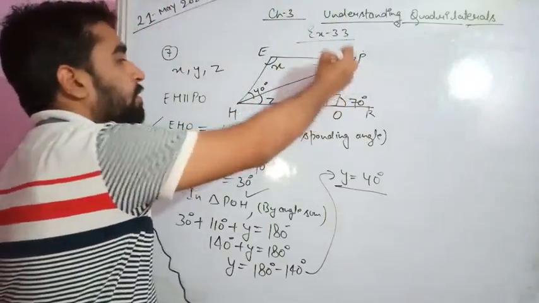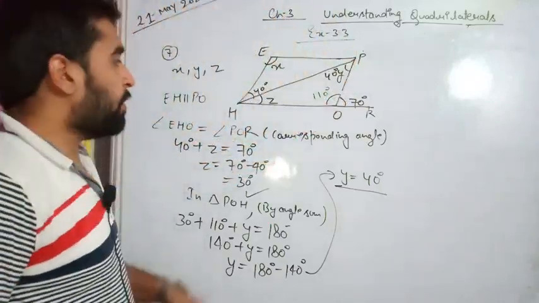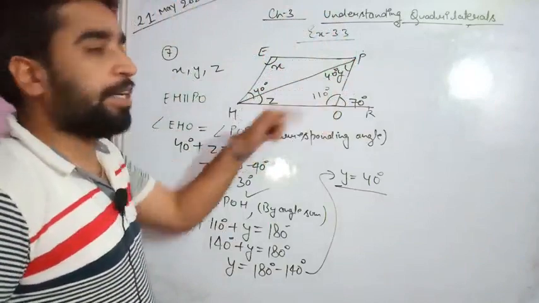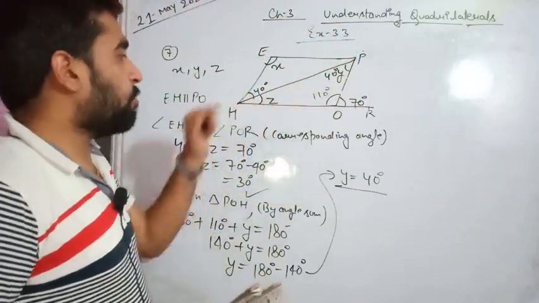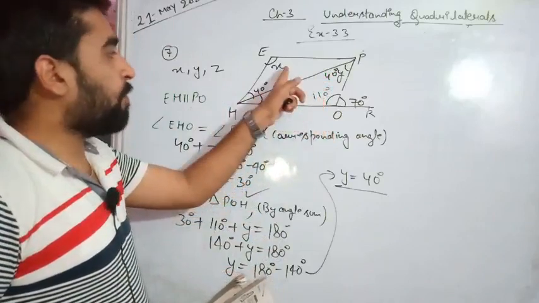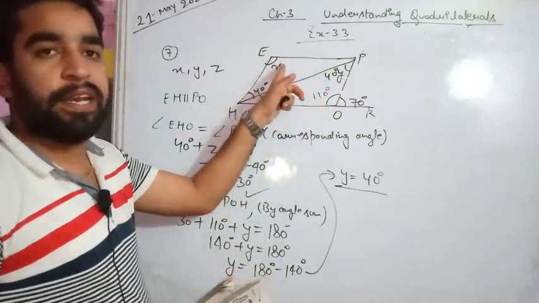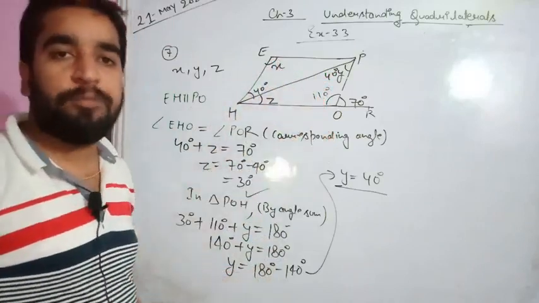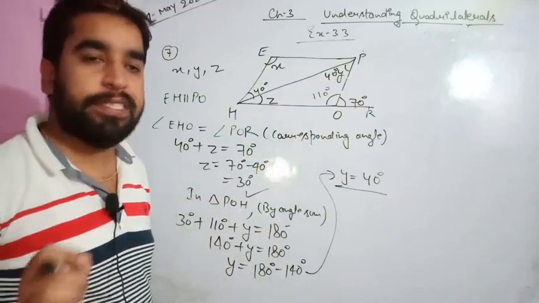So students, this we could calculate by another method, that is both these are alternate interior angles, then also this could be 40 degrees. And this angle is 110, then the angle in front of this will also be 110. Why? Because opposite angles of a parallelogram are equal in measure.